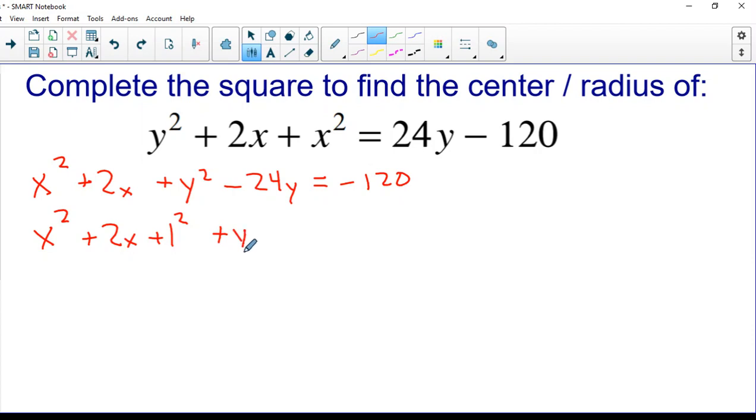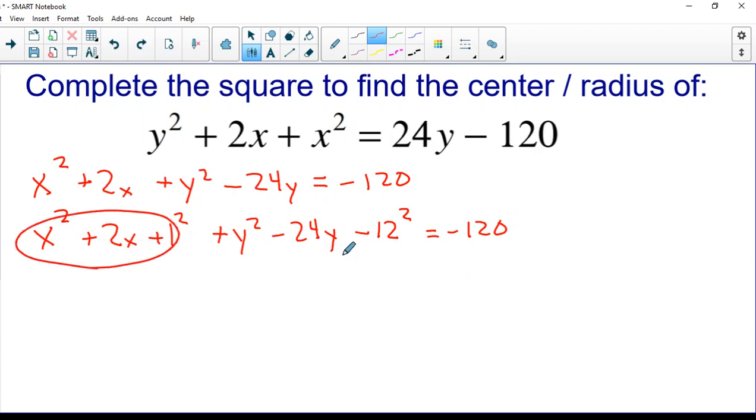I'll bring down the y squared. I'll bring down the 24y. And again, I'm looking at this coefficient, this minus 24, and what I'm going to do is use half of that squared. So I'm using minus 12 squared. And I'll bring down the negative 120. Okay, so this is going to factor nicely, this is going to factor nicely, but I can't just go around adding random numbers into the equation.